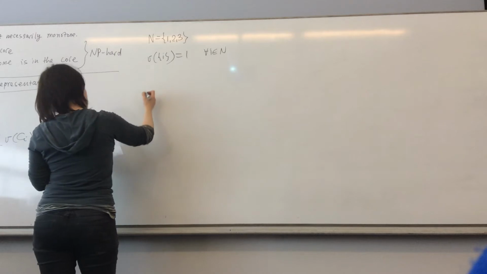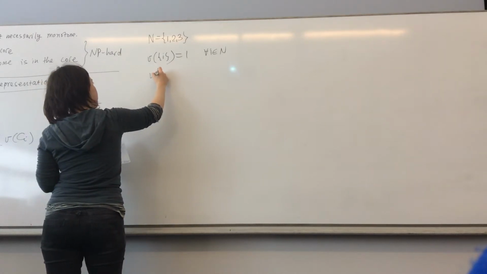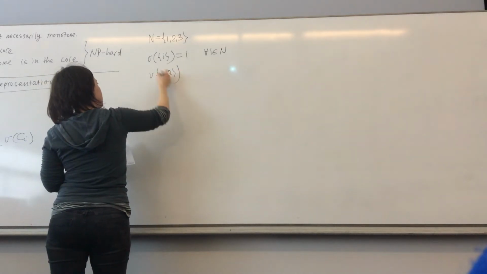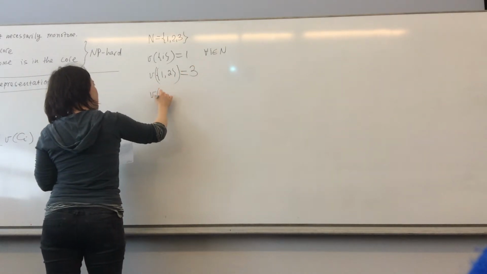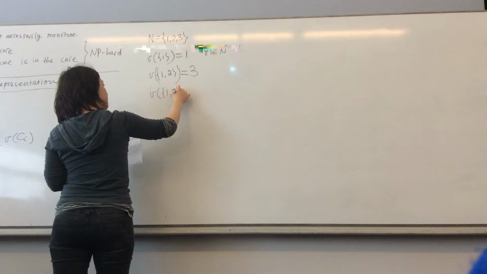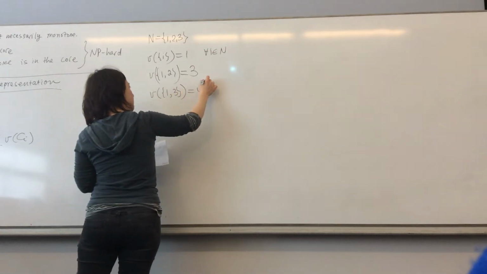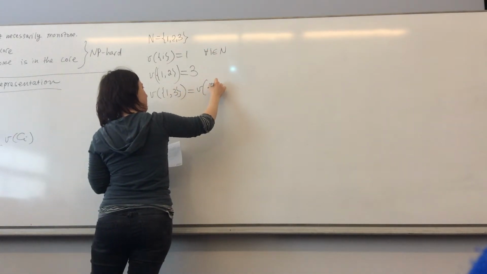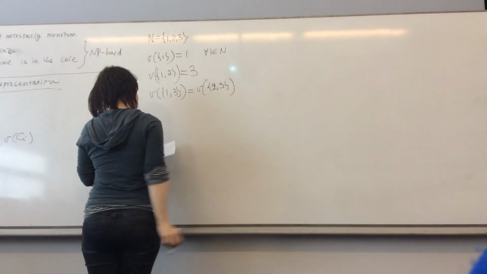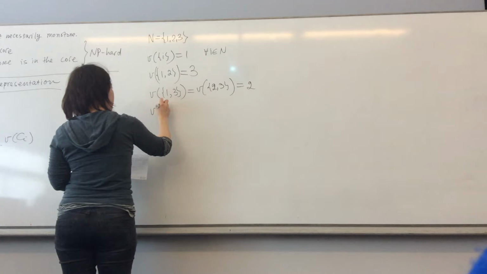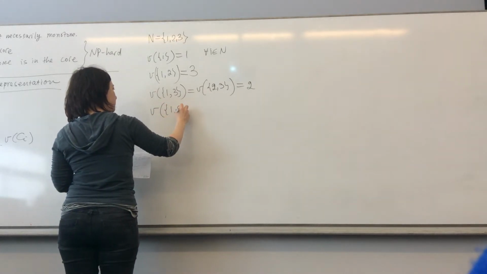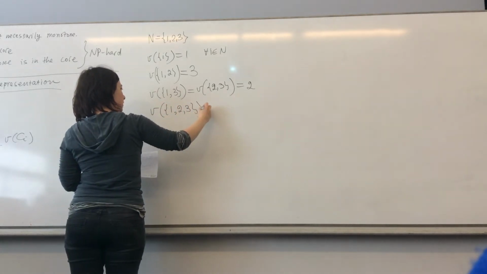And for the pairs, the value of 1 and 2 is 3, while the values of 1, 3 and 2, 3 are 2, and the value of the total is 4.